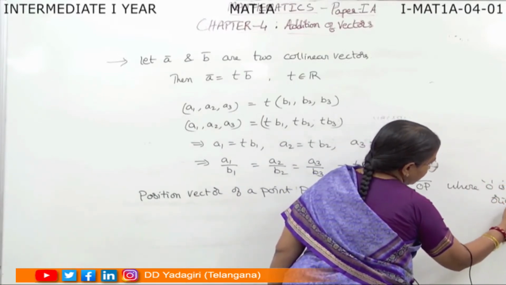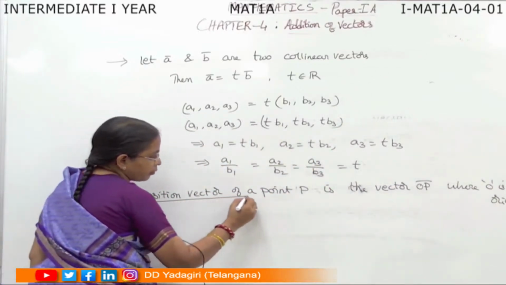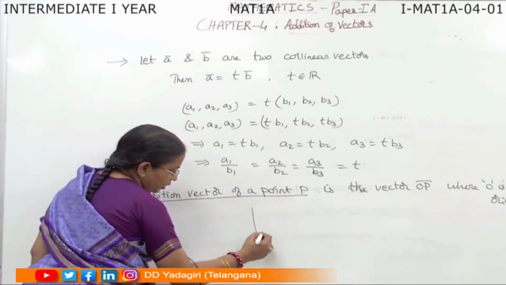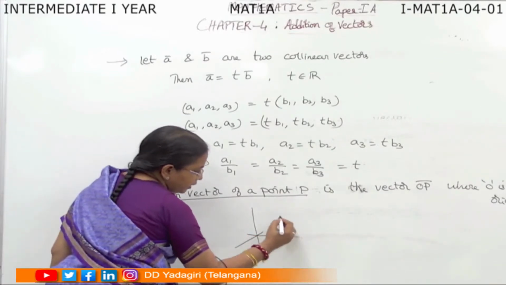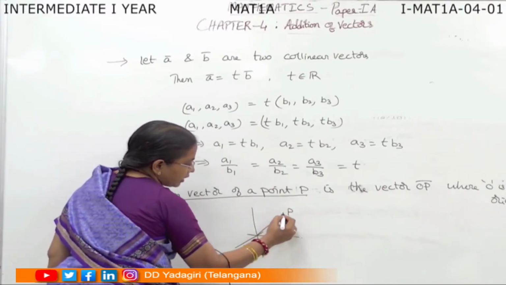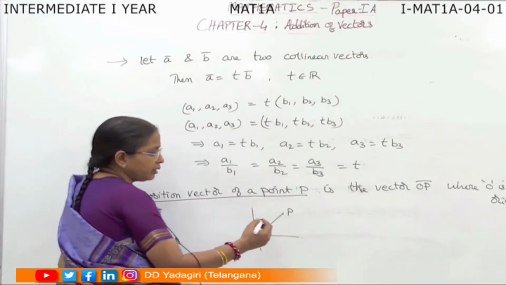Suppose that you have the coordinate plane like this. P is a point, and O is the origin. The vector OP is called the position vector of the point P.